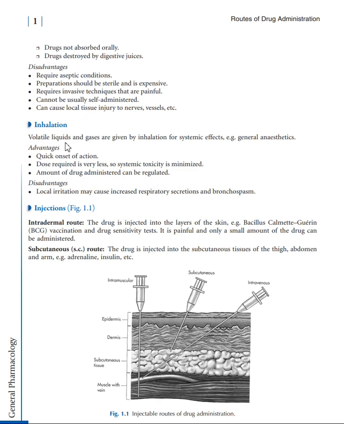Then you have inhalation. Volatile liquids and gases are given by inhalation for systemic effects, for example general anesthetics, and also nasal sprays. What are the advantages? Quick onset of action, the dose required is very small so systemic toxicity can be minimized, and the amount of drug administered can be regulated.